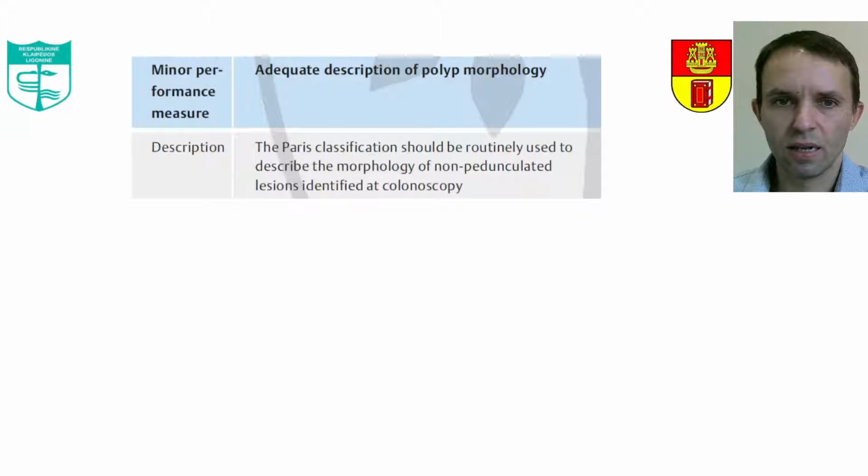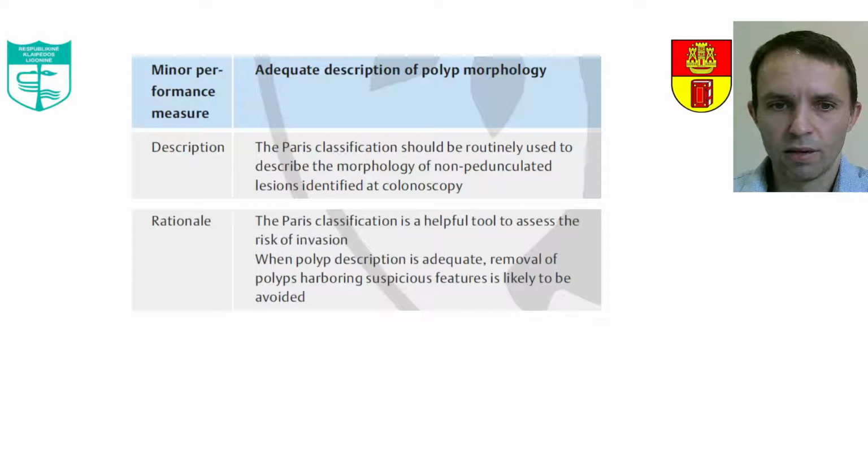So what does the guideline say about adequate description of polyp morphology? The Paris classification should be routinely used to describe the morphology of non-pedunculated lesions identified at colonoscopy. The Paris classification is a helpful tool to assess the risk of invasion.